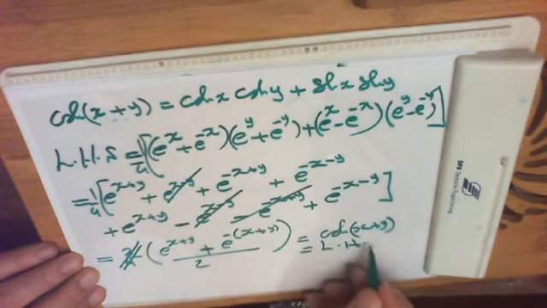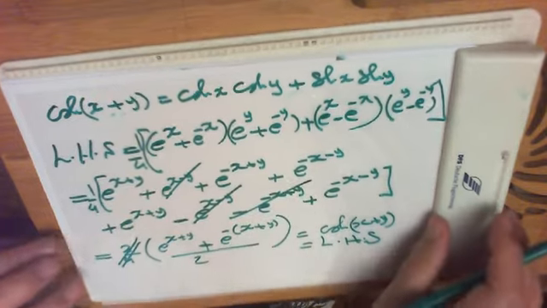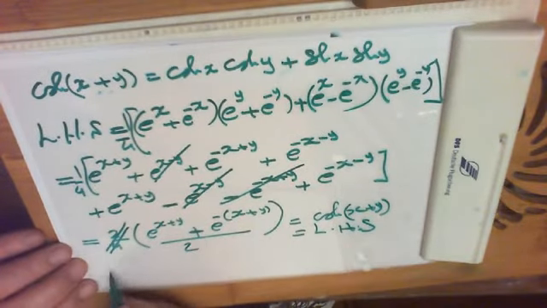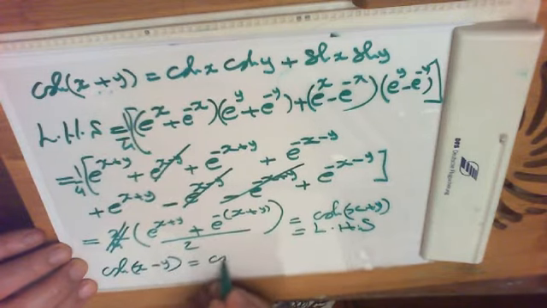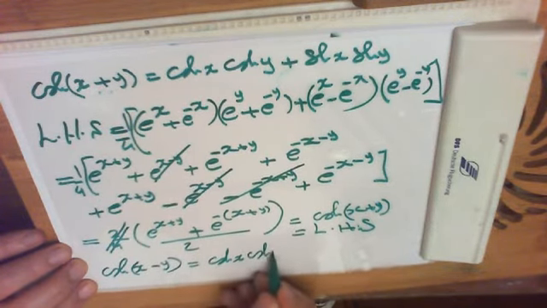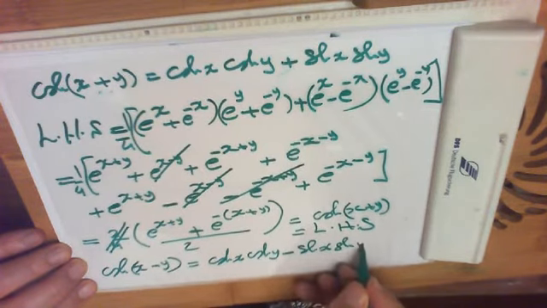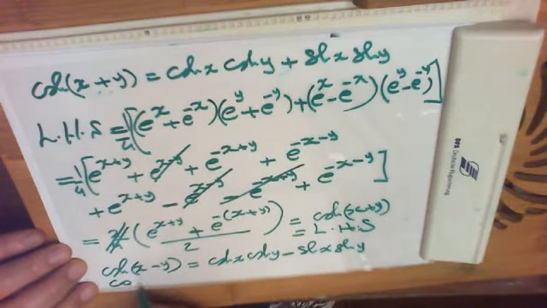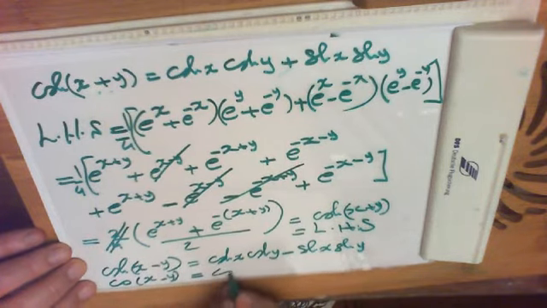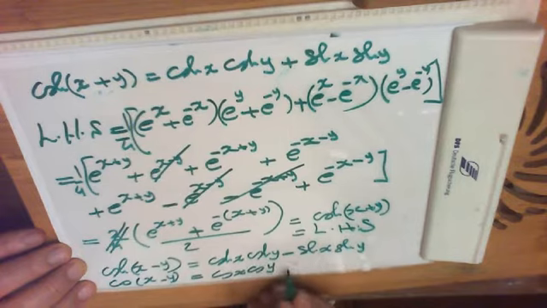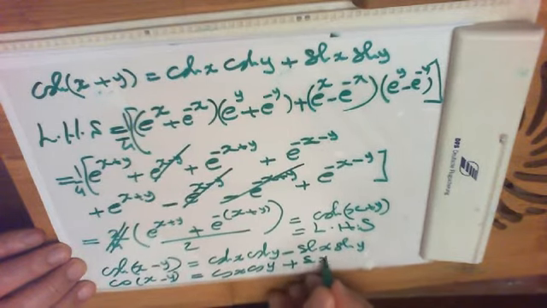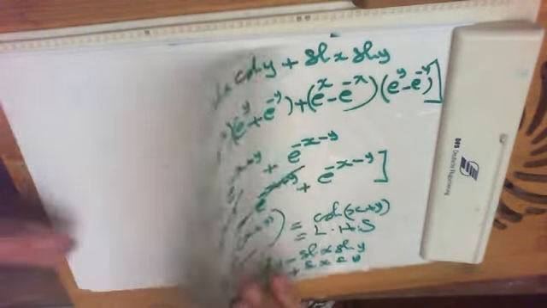In the same way, we can prove that cosh(x minus y) equals cosh x cosh y minus sinh x sinh y, while cosine(x minus y) is cosine x cosine y plus sine x sine y. Okay?